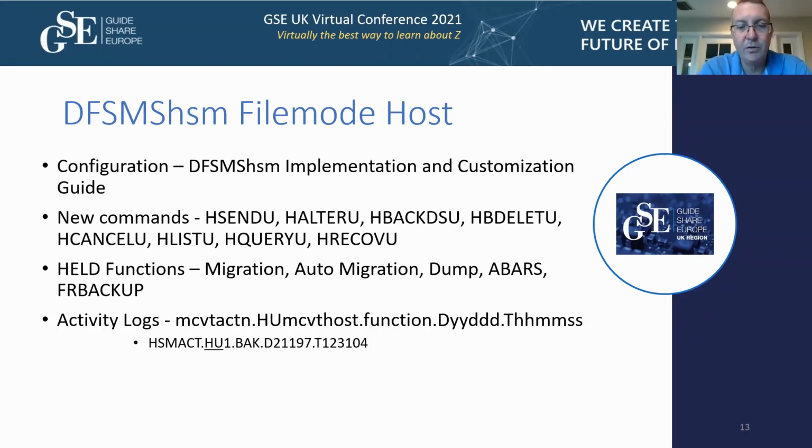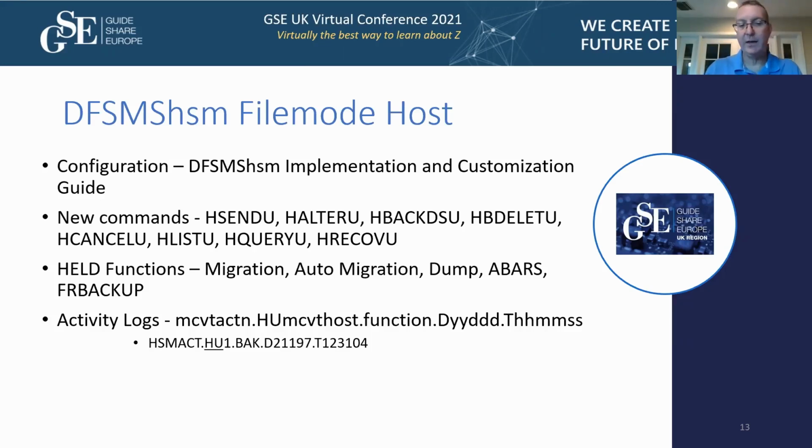So it's good to still have your automatic backup scheduled for the file mode host, but it's not going to try to back up any data sets. Other things, like dump and FR backup, are all held, and if you try to release them, it'll tell you it's not going to be released.